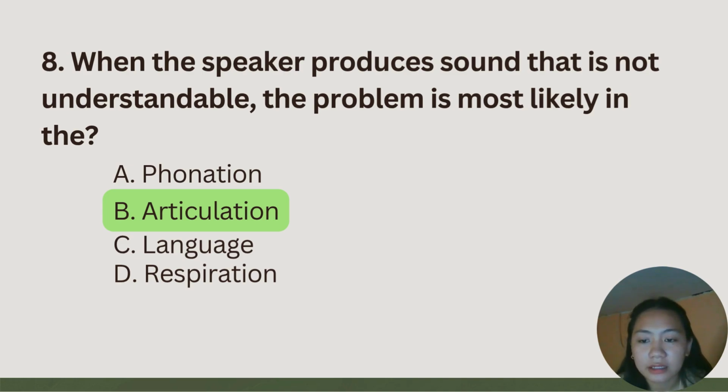Next, letter C, language. Language involves the choice of words and grammar, and language issues affect meaning, not necessarily the understandability of the sound. Next, letter D, respiration. It involves breathing, which supports voice production, but it's not directly responsible for how clearly words are spoken.